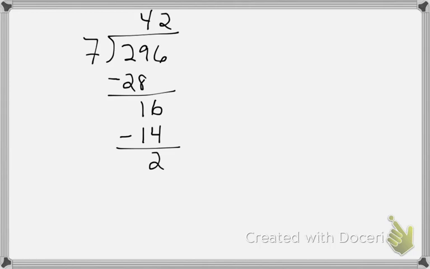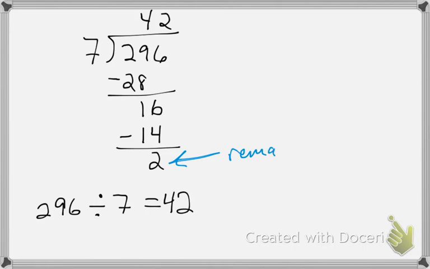We say 296 divided by 7 equals 42 with a remainder of 2.